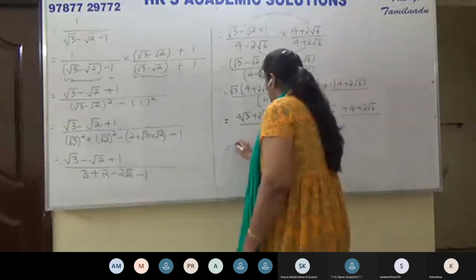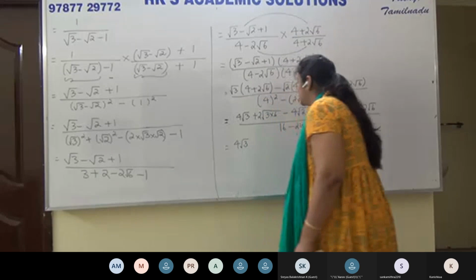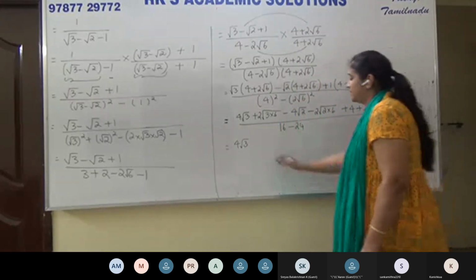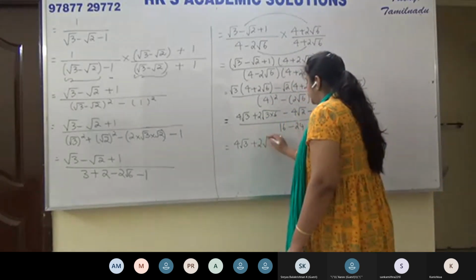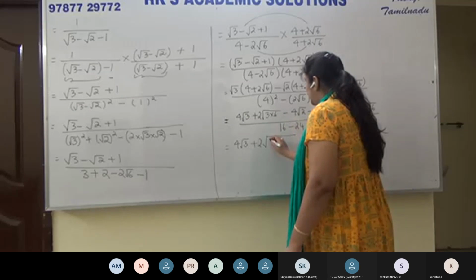Next, 4 root 3 plus 2 into root 3 into 6. You can write 6 as 2 into 3, right?